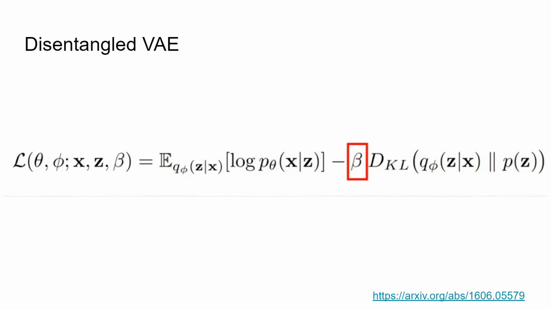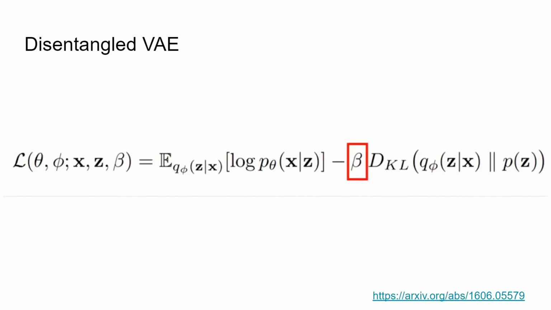Entangled is the regular one, and disentangled is this one. So disentangled is the same thing as a variational autoencoder, and then an entangled is just a regular autoencoder. No, entangled variational autoencoder is the regular variational autoencoder, and disentangled variational autoencoder is this one.